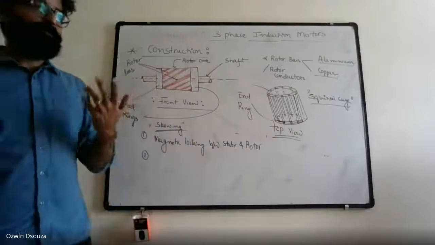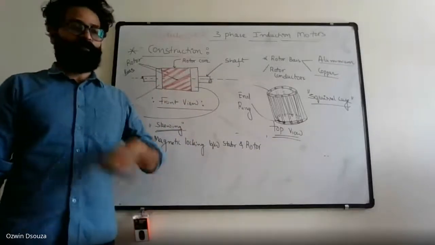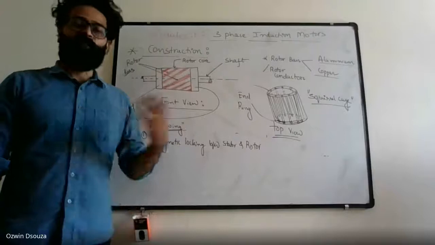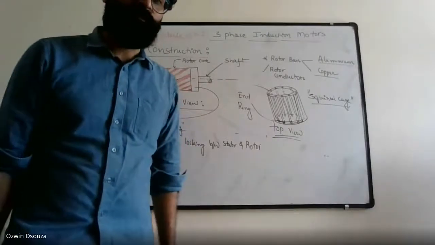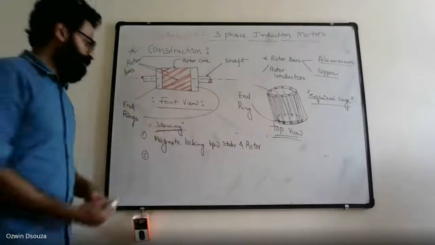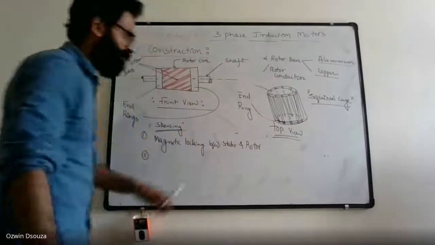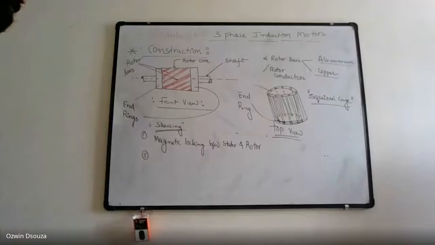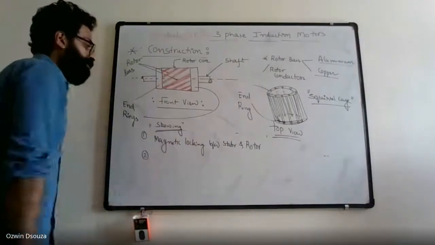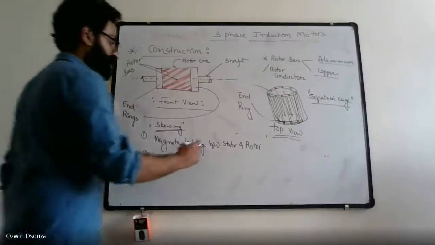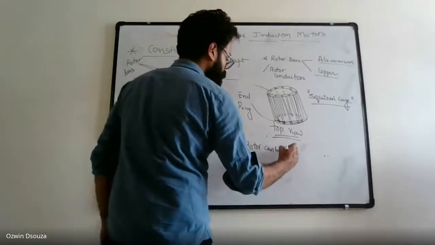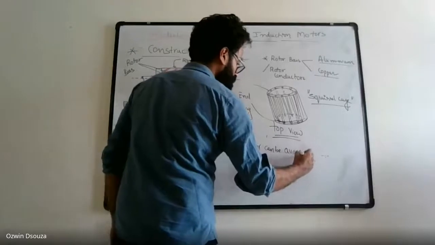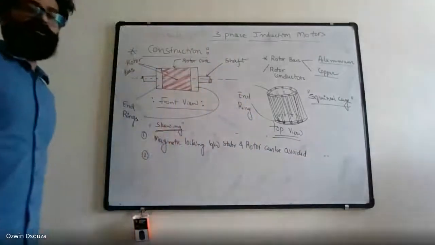So you will not get any variable speed action. The rotor simply rotates at synchronous speed, which has other adverse effects, but that is not so important at this point. So magnetic locking between stator and rotor can be avoided by skewing the rotor bars.